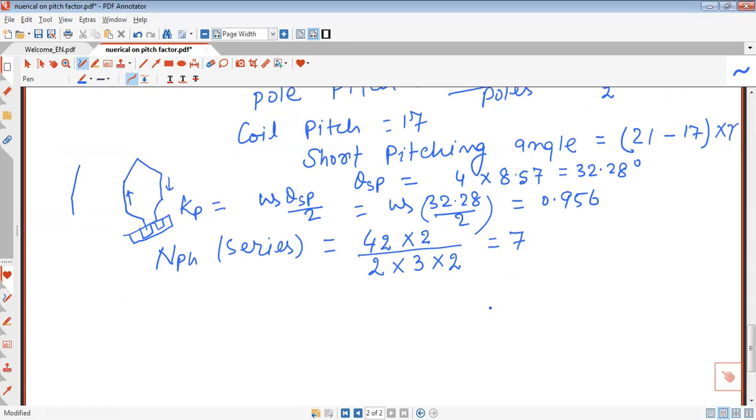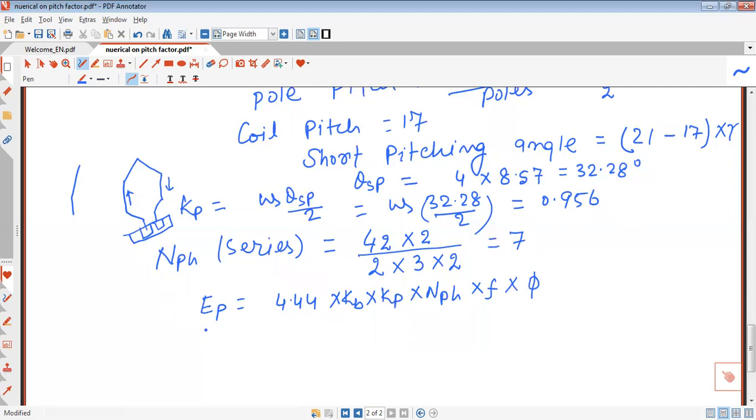So we just have to put these values in the equation, that is EP equal to 4.44 multiplied by KB into KP into NPH into phi into frequency. This is frequency, this is flux.